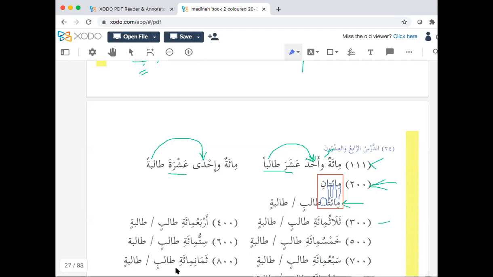And the rule for muthanna mudaf, let's quickly take a whiteboard. So when you have, let's think of a word, maktabun, maktabani.